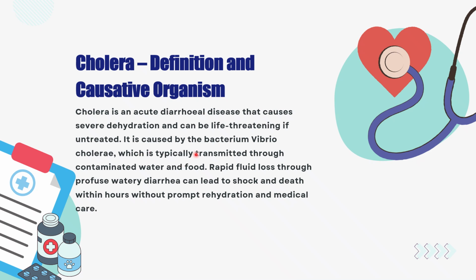The causative pathogen is the bacterium Vibrio cholerae. It is typically transmitted through contaminated water and food. Rapid fluid loss through profuse watery diarrhea can lead to shock and even death within hours without prompt rehydration or medical care.